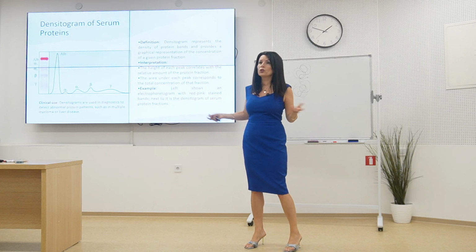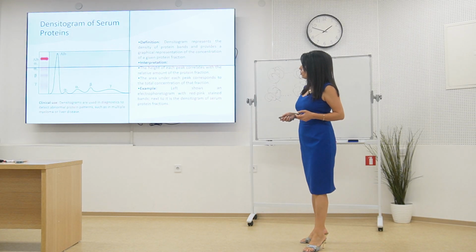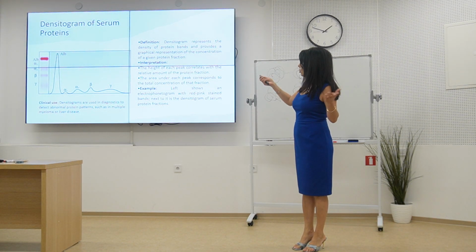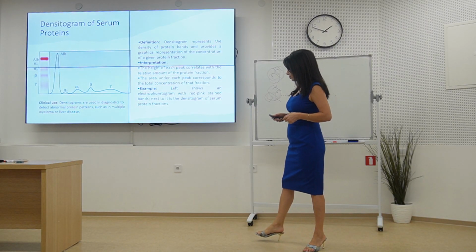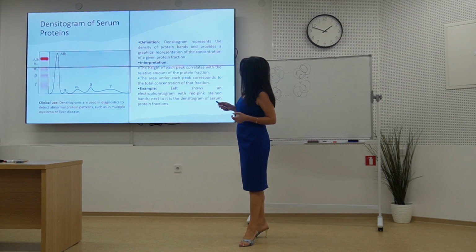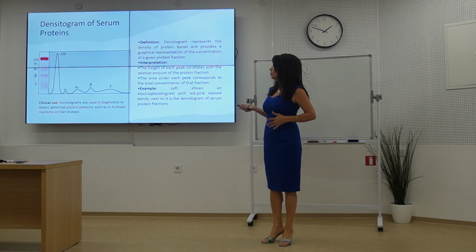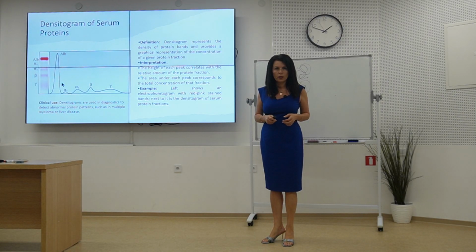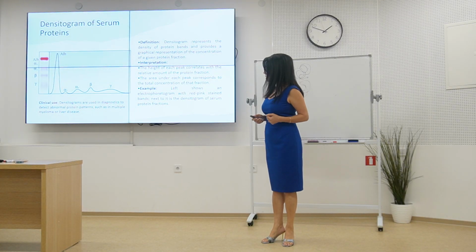With such an example, you can understand how you can make a diagnosis if you know this information. Not only albumin, there can be changes in all of these serum proteins to make the correct diagnosis.